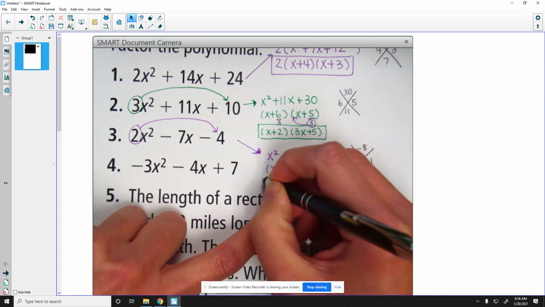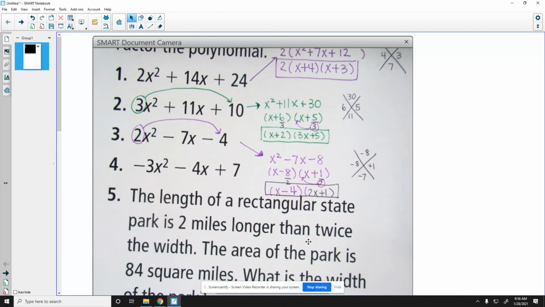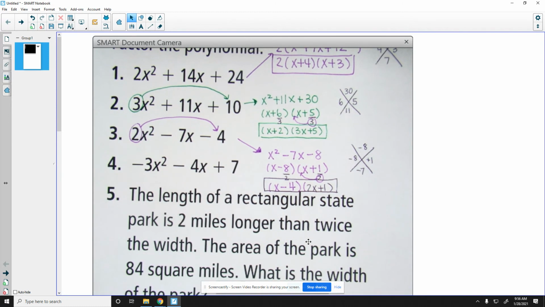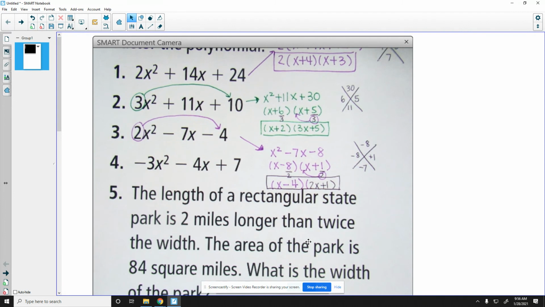By the way, totally random, not even related to this, but I do have your MAP scores back. And so some of you wanted to know your scores, and I can't tell you, oh, you got an 80, you got a 90, you got 100. They don't do MAP scores like that. Your grade is a percentile. So I don't know if you guys even understand what percentiles mean, but if I were to say your grade is in the 70th percentile, that's pretty good.